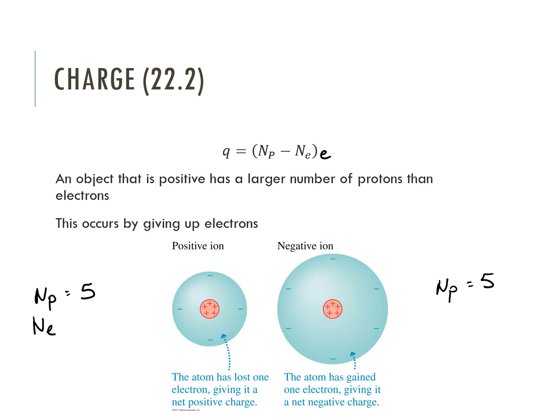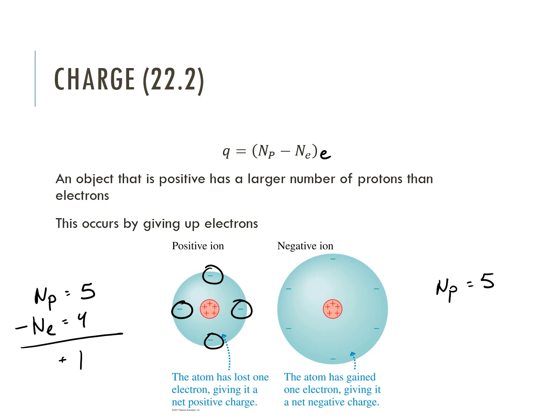For the one on the right, none of these colors are going to be easy to see, but I guess we'll just use black. We have 1, 2, 3, 4. So 5 minus 4, we're going to have positive 1.